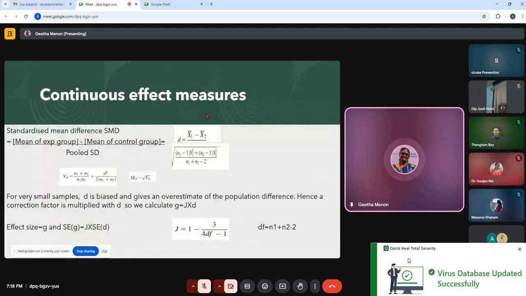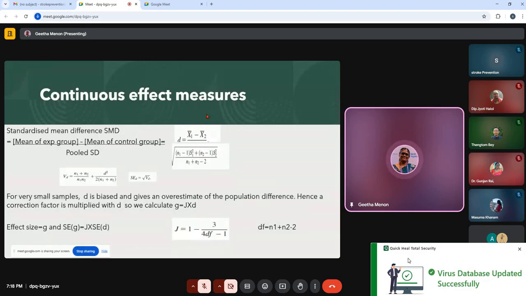Once data in this form is extracted from the individual studies, to make it compatible for combining the results and integrating the outcomes, we have to convert it into a standardized effect measure. The standardized effect measure for continuous outcomes is the standardized mean difference, also called SMD, which is the mean in the experimental group minus the mean in the control group, divided by the pooled standard deviation.